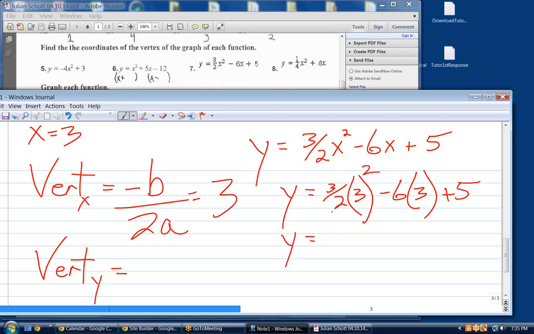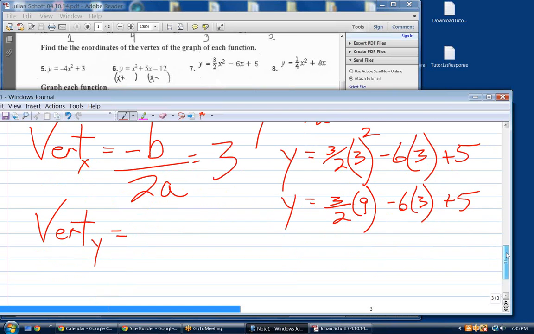Let's do it one step at a time. You don't need to do the exponentiation and the multiplication at the same time. Or you could if you want. Doesn't matter. 9/2. No, let's make sure we know how to do it. 3/2 times 9. In other words, 3 squared is 9. Minus.